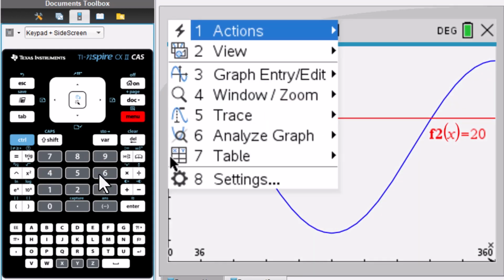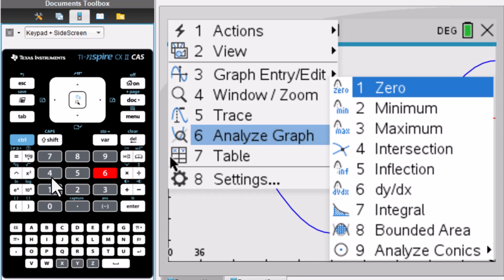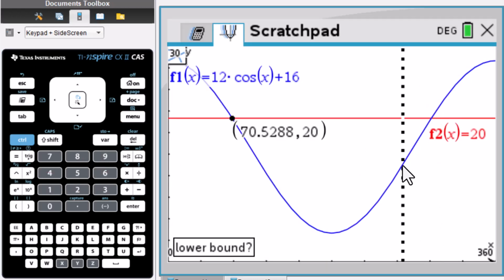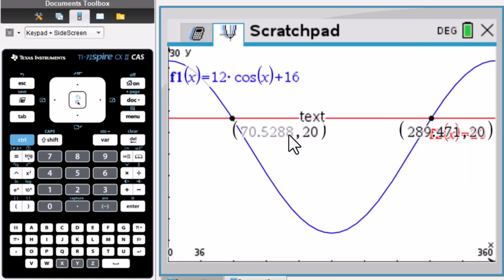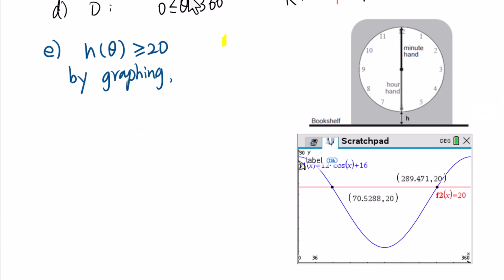H of theta greater than or equal to 20 means this part of the graph and also this part of the graph will be the solution.